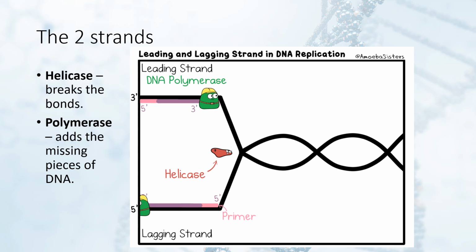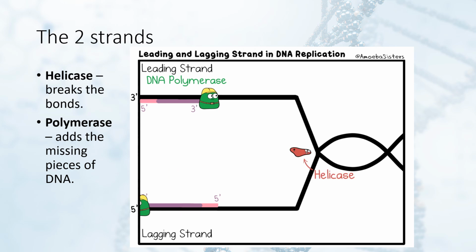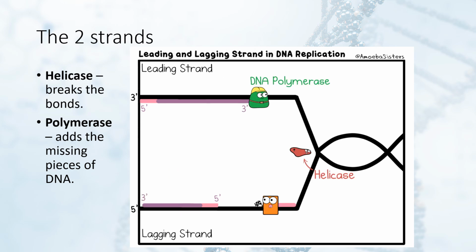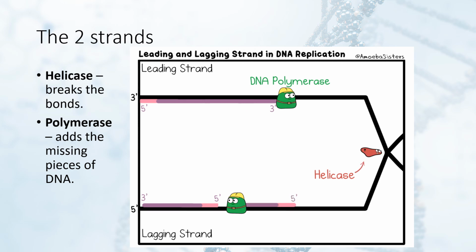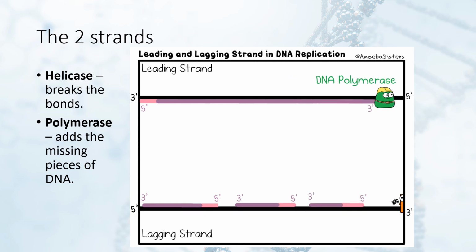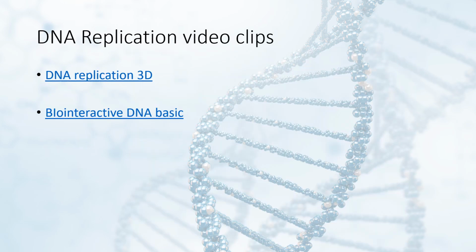And then the green characters are going to be the polymerases. So think about them as little workers that are going along and adding puzzle pieces, the correct nucleotides to the matching one, according to the A to T, C to G base pairing rules. These are a couple video clips I will add to this posting on Classroom.